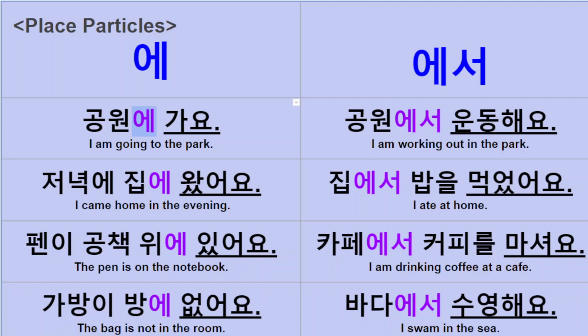So we need to see the verbs here. With the verb 가다, to go, or 왔어요, the base form 오다, to come, and 있어요 or 없어요, we put the place particle 에 after the place. And here, 운동해요, 먹었어요, 마셔요, 수영해요.